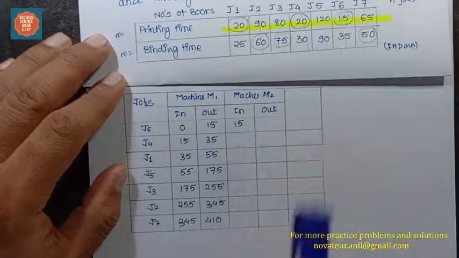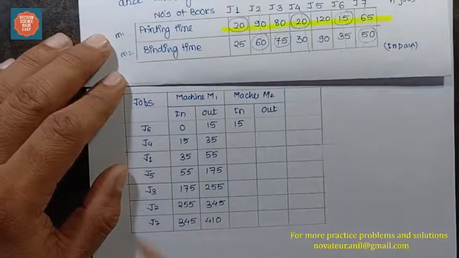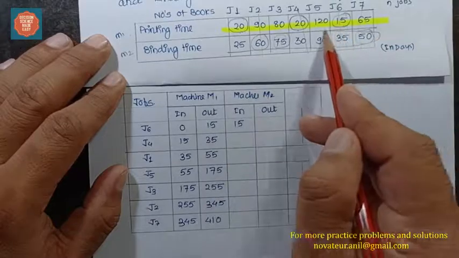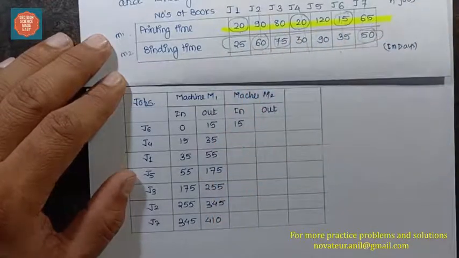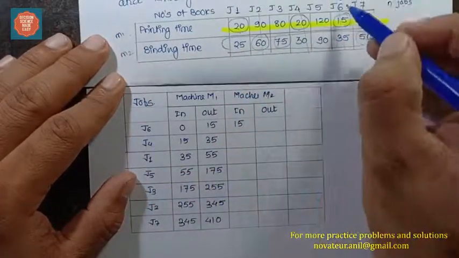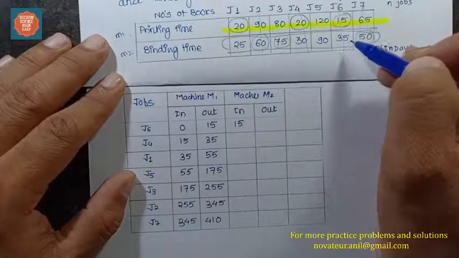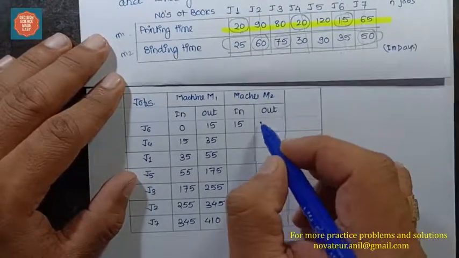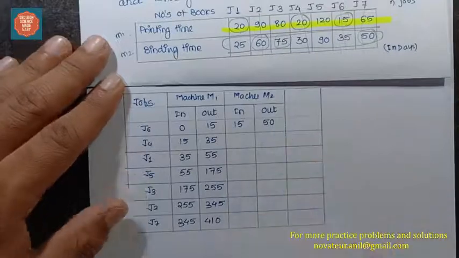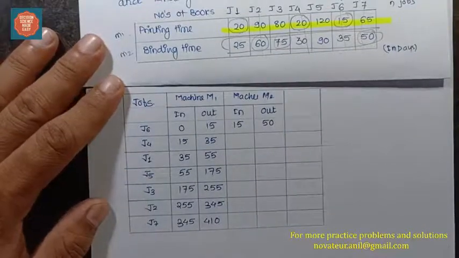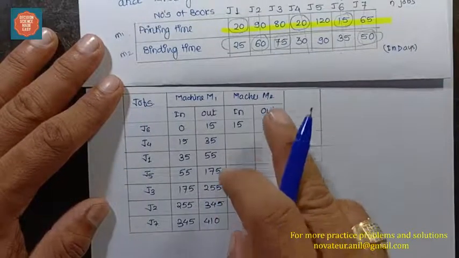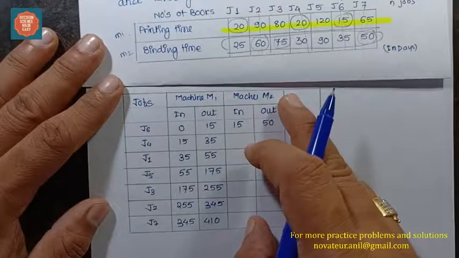So now let's see what is there for machine 2. So what are the entries for machine 2? So the J6 entry for the machine is 35. So 15 plus 35 is nothing but 50. Now another key point is when the next job will be taken by machine M2.